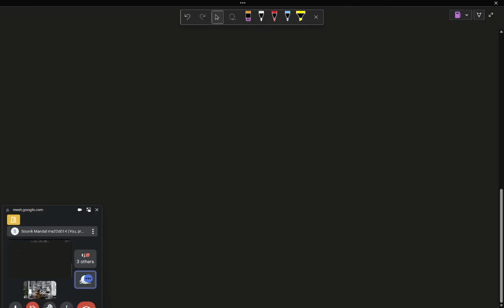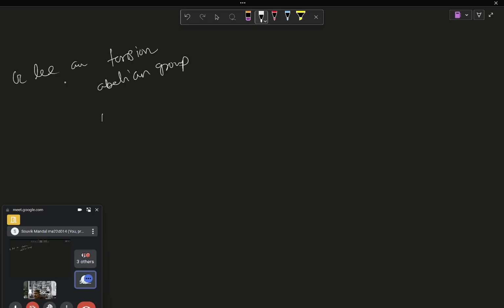So the thing is, G being a torsion abelian group means that for every element a inside G, there is a natural number n inside N such that na is equal to 0.